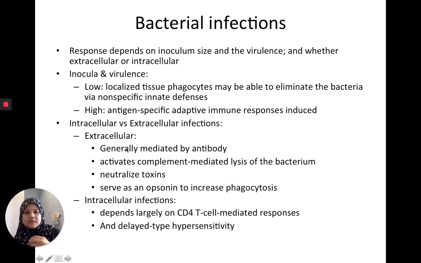If it's extracellular, it's usually mediated by antibodies, which then activate the complement system. The antibodies also neutralize the toxins, and the antibodies serve as opsonins to increase phagocytosis. But if it's intracellular, it largely depends on CD4 T cell mediated responses and delayed type hypersensitivity.